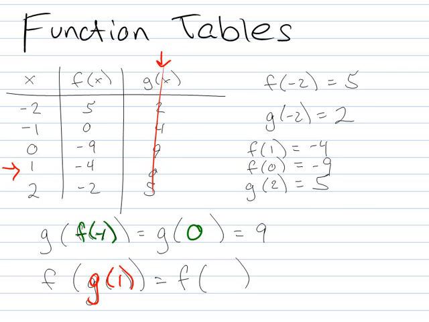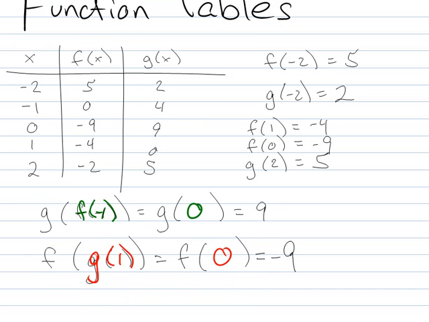G of 1 is 0, so I replace g of 1 with 0. Now I'm going to look up f of 0, because that's my new problem. F of 0 is negative 9. So that's kind of neat. These are just different solutions you can do. Let's try one more just to make sure we've got it.